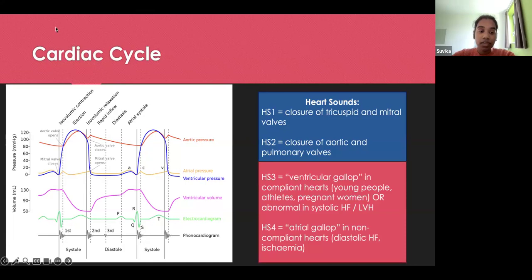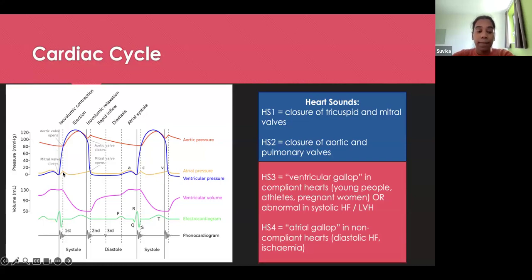Depending on which part of the cycle you are in, wherever you see the intersection between 2 lines or curves on the graph, that is indicating a point where the pressure of one chamber is greater than the pressure of the other chamber, and that's where the valve will be opening or closing. So you can see there are 4 intersection points, and these are where your mitral valve, the valve in your left ventricle, is going to be opening or closing, or your aortic valve is going to be opening or closing.